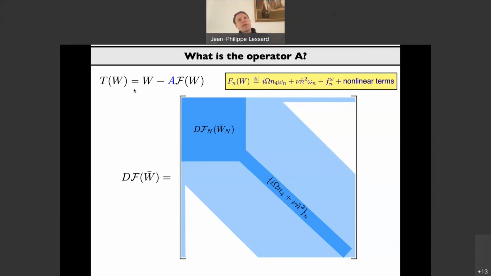You have a Fréchet derivative and a finite element approximation, and you use a completely different set of tools, this rigorous location of eigenvalues, to compute the norm of the inverse. You can still apply a contraction mapping to prove the existence of solutions to Navier-Stokes using finite elements.